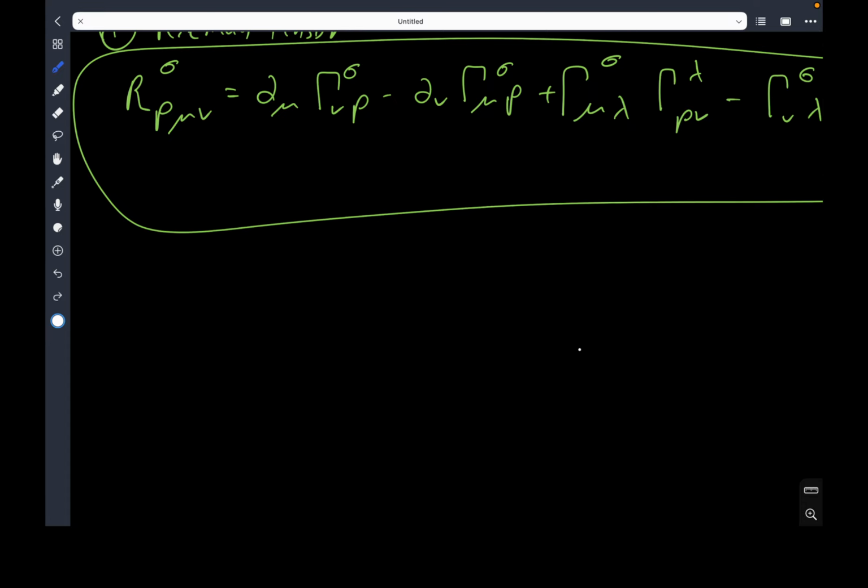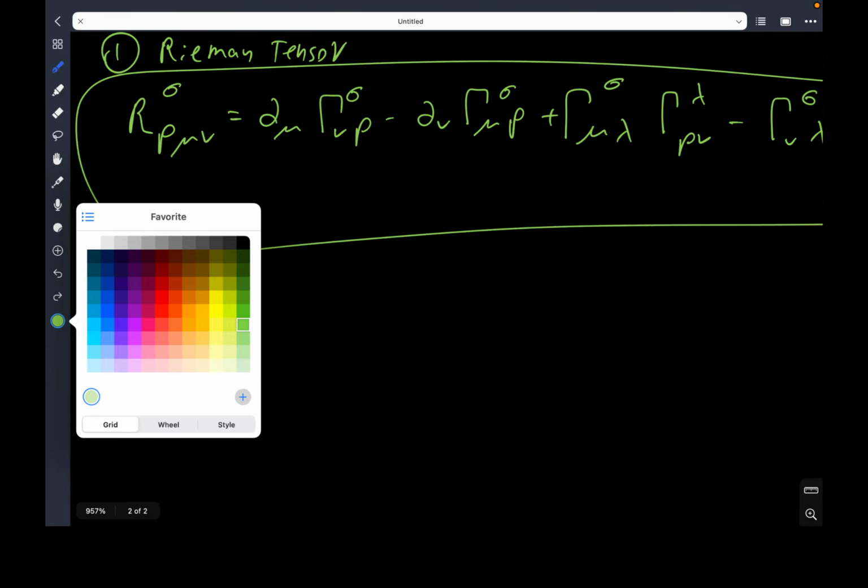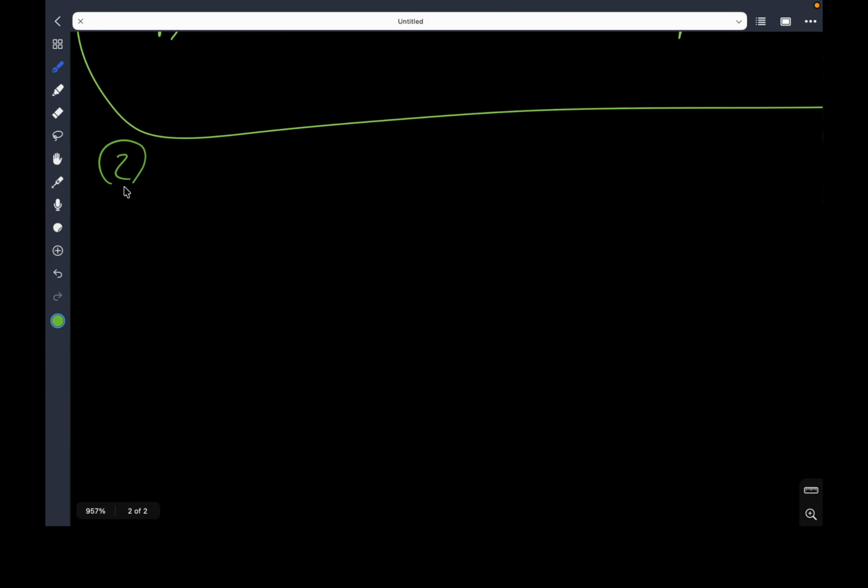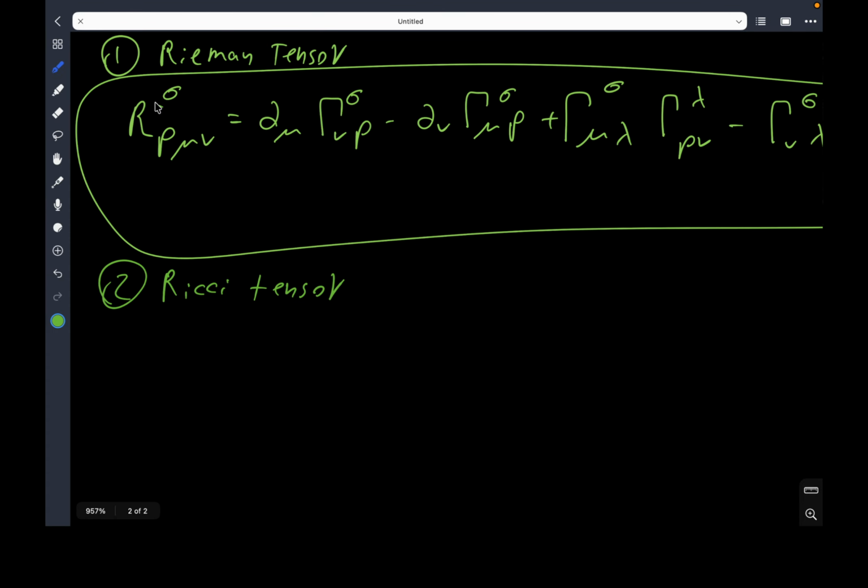The next definition is the Ricci tensor, which is the Riemann tensor with upper and lower indices summed over.